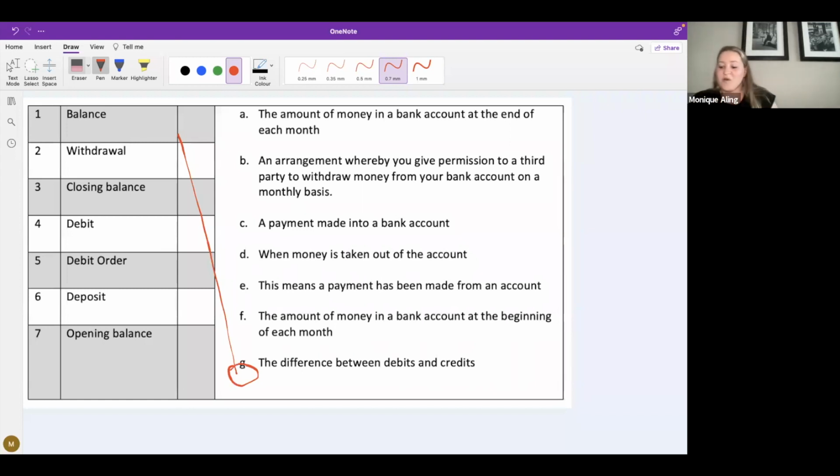Okay, withdrawal. Who knows what withdrawal means? What is the definition for withdrawal? Oh, okay, I see all the answers coming through here. D. And that is correct. Well done. Withdrawal is D. Closing balance.